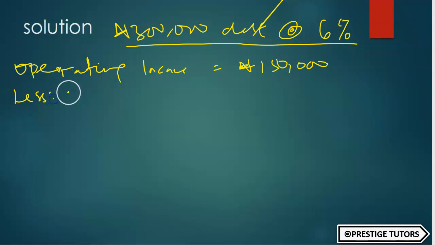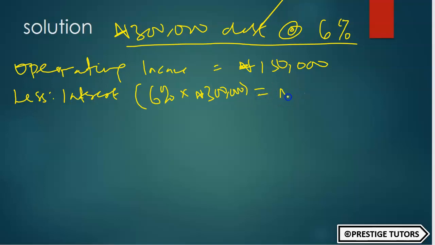Less interest. And how do we calculate our interest? The question gives 6% of 300,000. What would that give us? So we are paying interest of 18,000 naira.